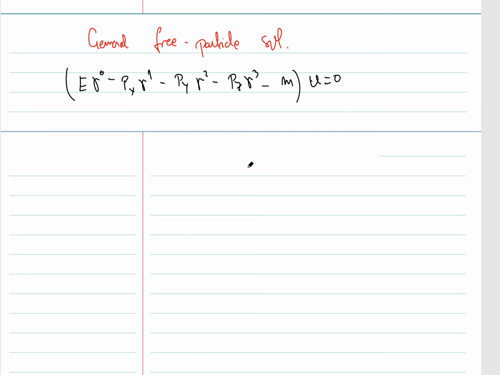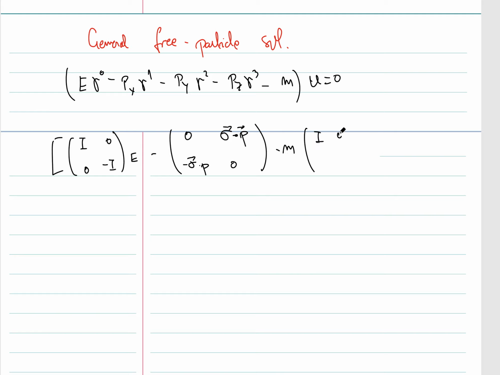Now we can write this equation in the Dirac-Pauli representation, where gamma 0 is I 0 0 minus I times the energy, minus 0 sigma dot p, minus sigma dot p 0, minus m times the identity matrix, times u equal to 0. So this is the Dirac-Pauli representation of the Dirac equation.